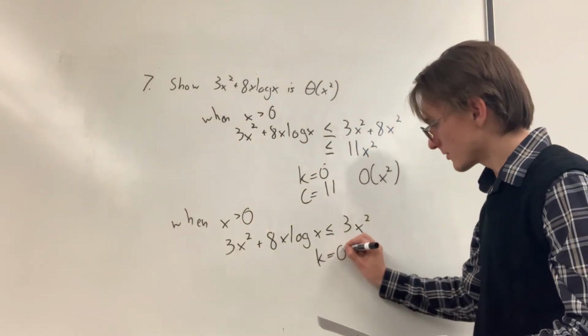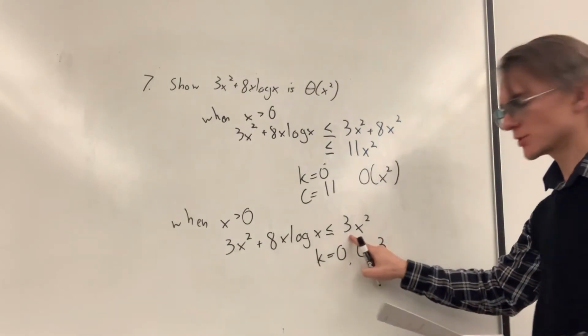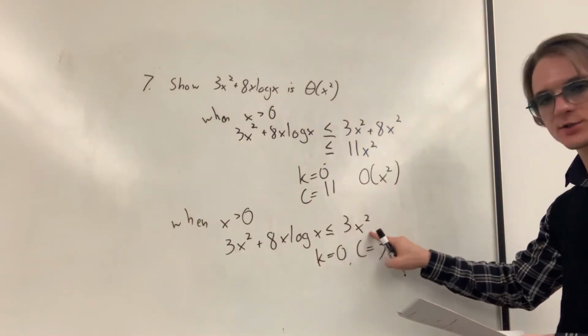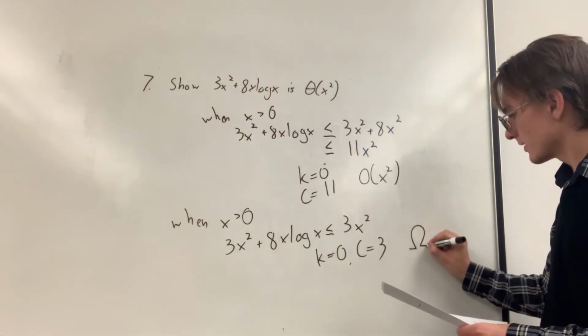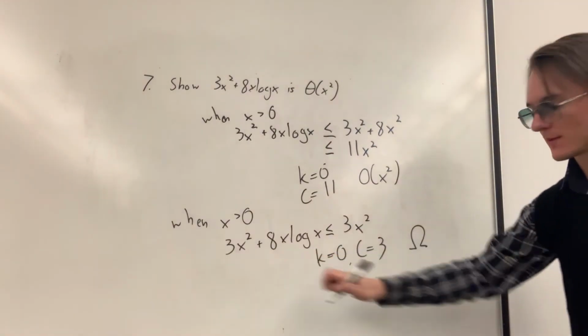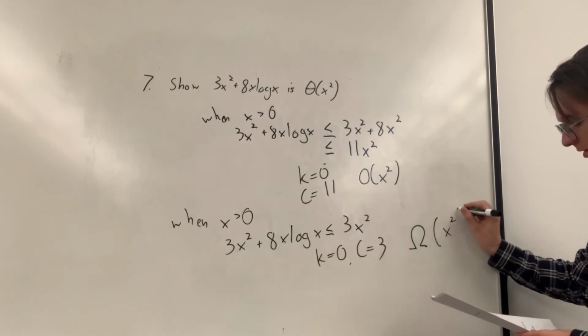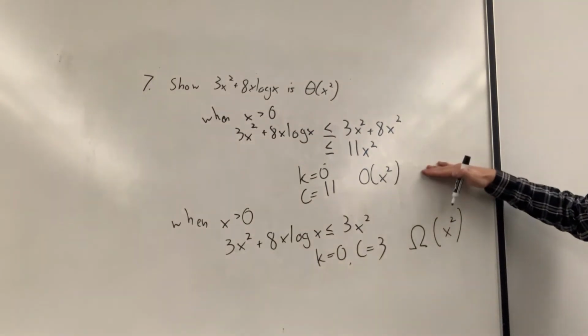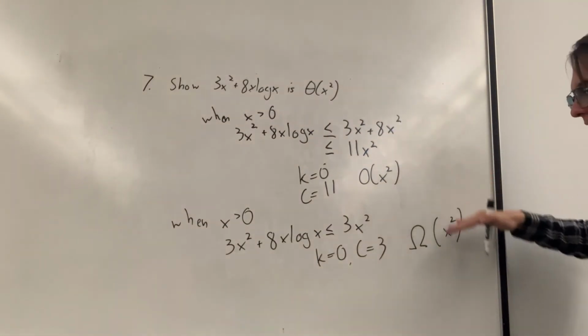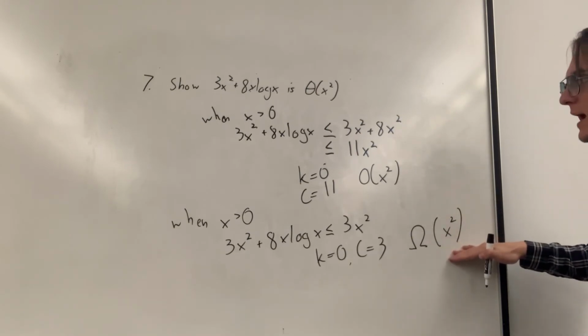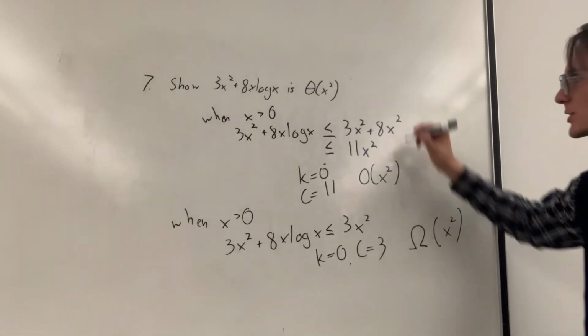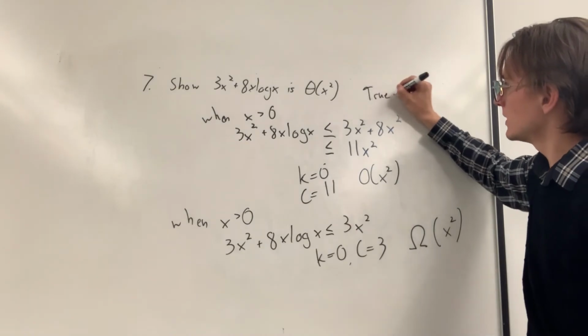K is equal to 0, c is equal to 3, which we get right here, multiplying the factor of x squared. And we have that this expression is big omega of x squared. So, because we have that it's big O x squared and big omega x squared, we have that it's big theta x squared. So, it holds to be true.